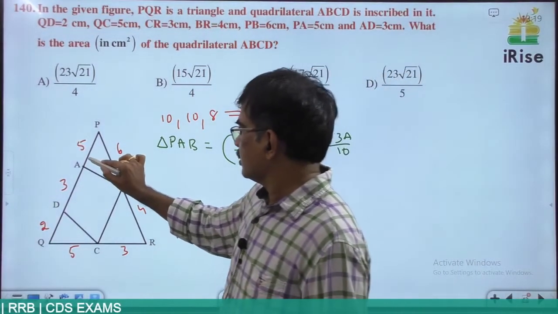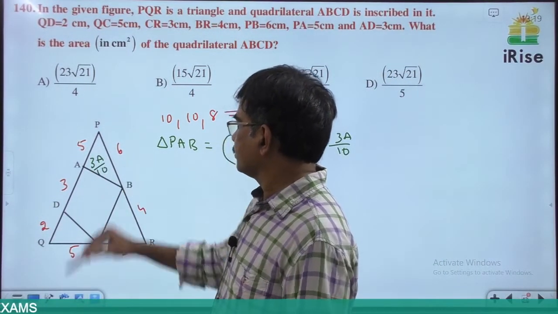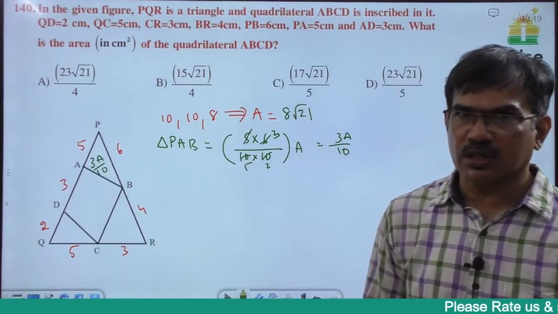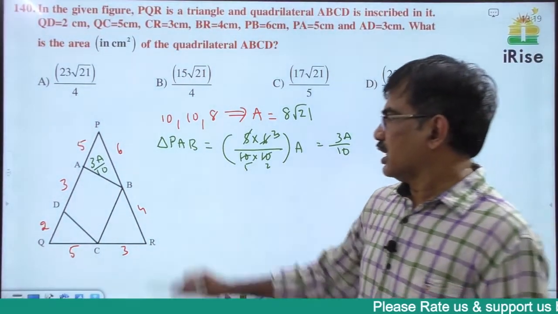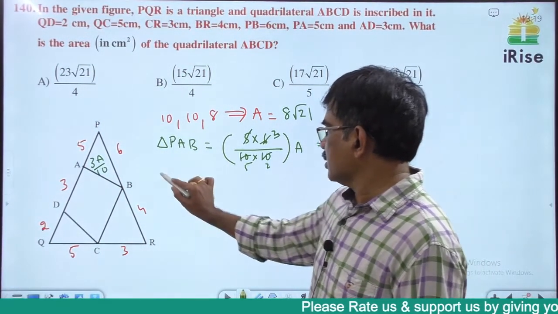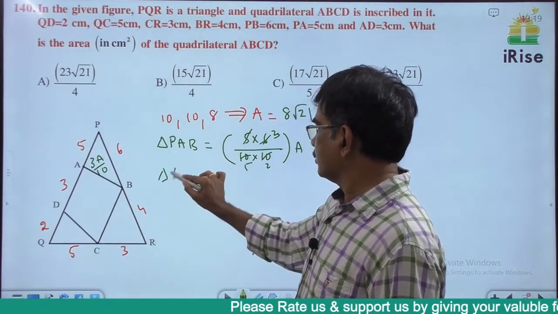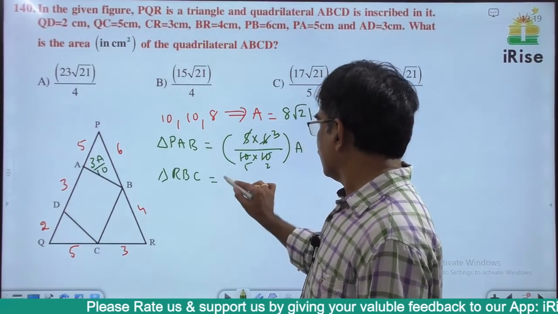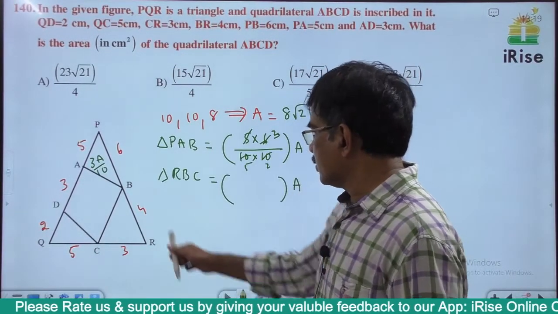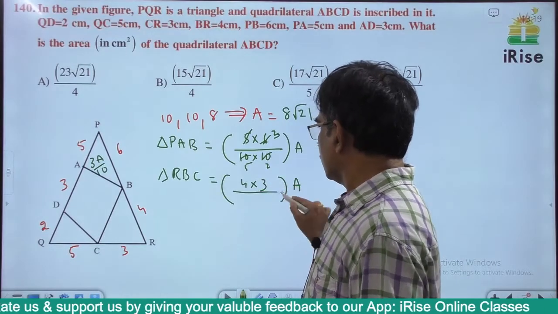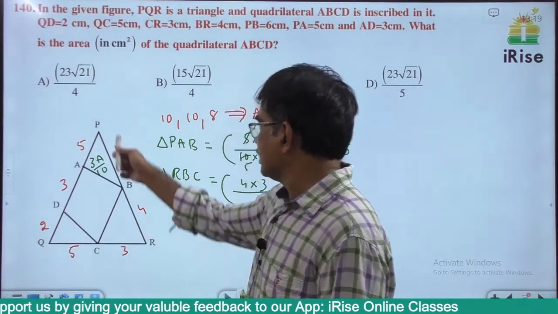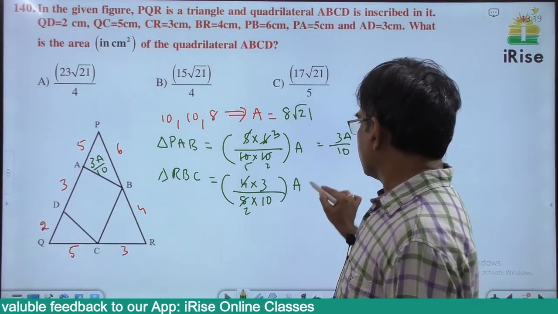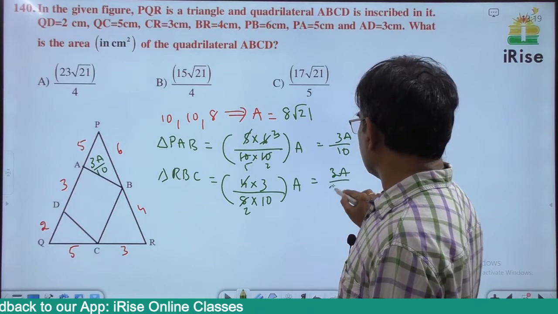This part is 3A by 10. If A is 8 root 21, I want to substitute after completion of this. Next, what is triangle RBC? In total area it is 4 into 3 parts by 8 into 10. 4 1's 4 2's cancel, this is 3A by 20.